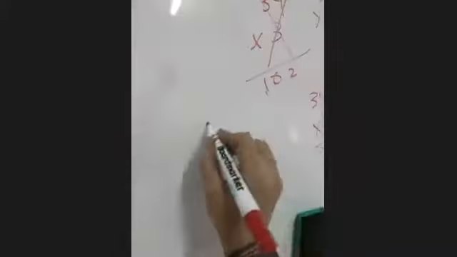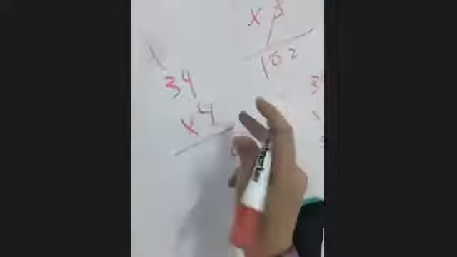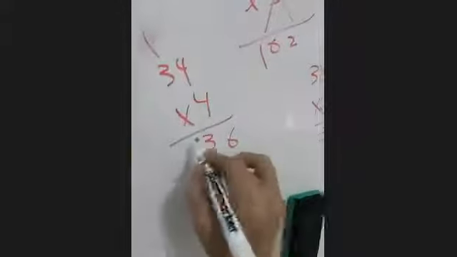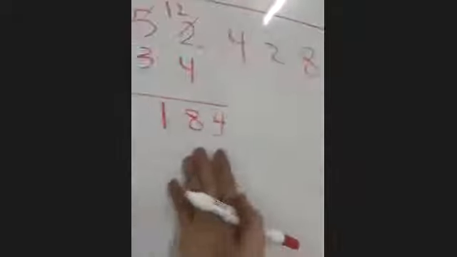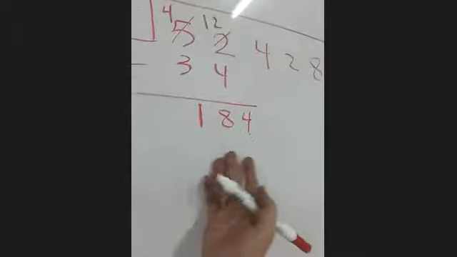I'll choose 4. 4 by 34. 4 by 4, 16. 4 by 3, 12, with 1, 13. 136 is still very far from 184.